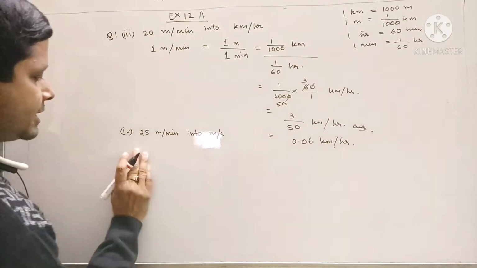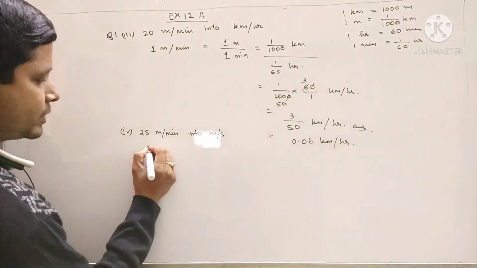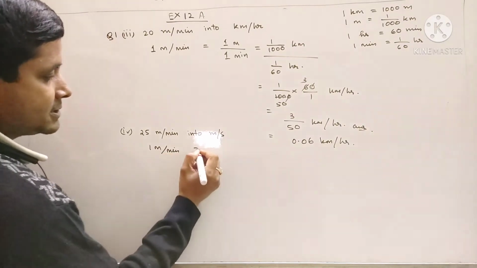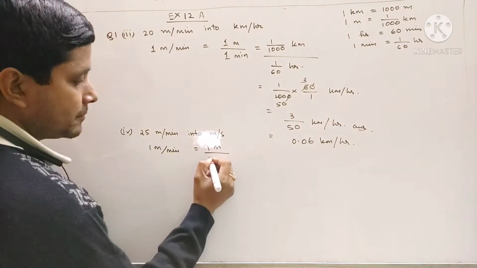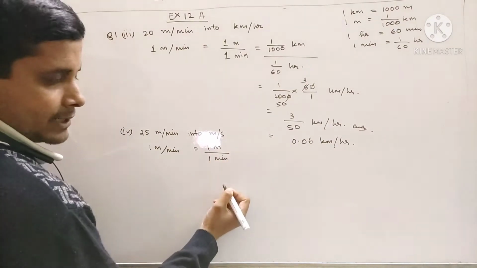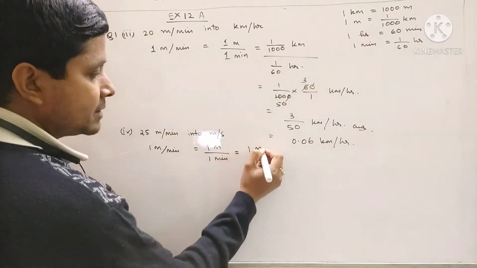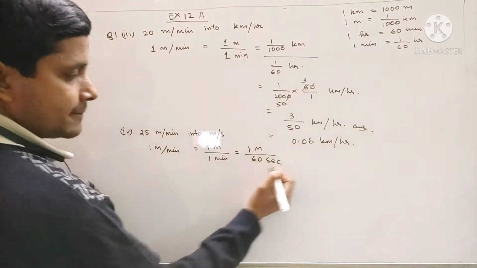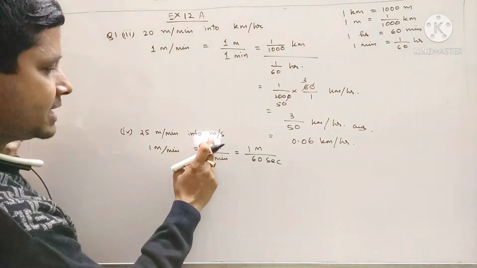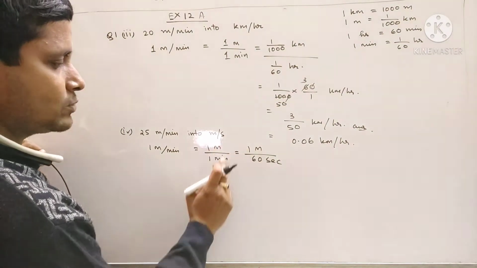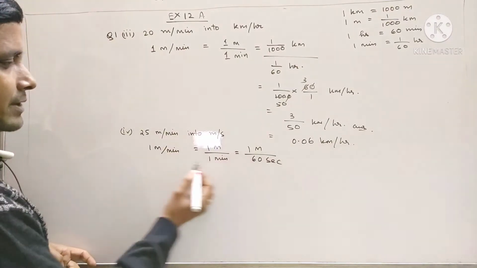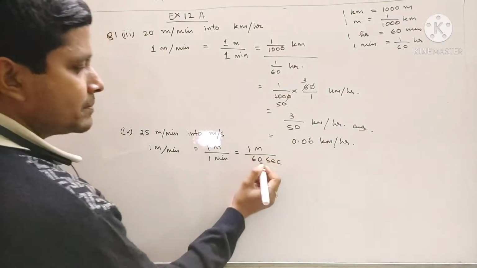So what we will write here? 1 meter per minute is equal to 1 meter by 1 minute. Correct? Now 1 meter we will keep as it is, but 1 minute we will make 60 seconds, right? Because meter is there, we have not changed the meter, just we have changed the minute into second. So we have written 1 by 60 meter per second.